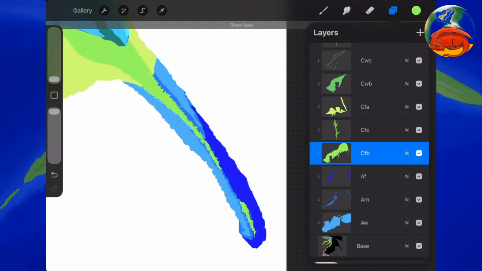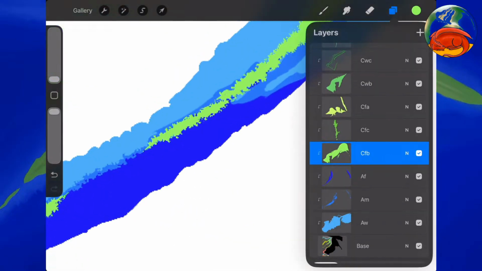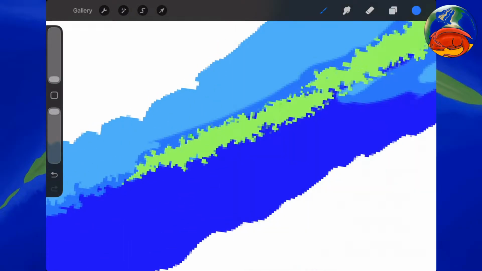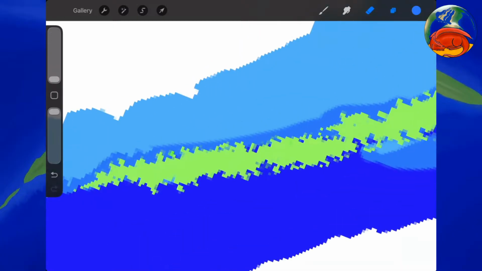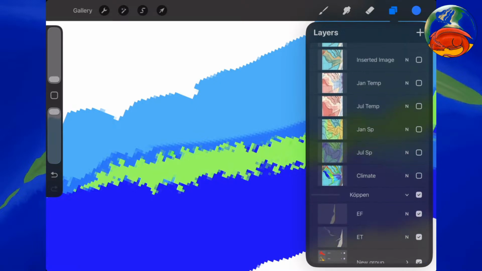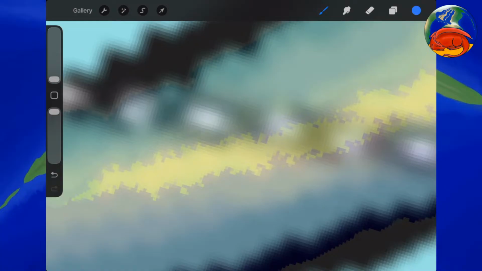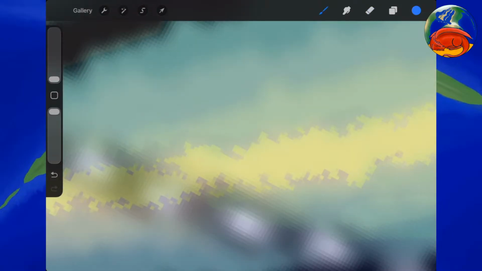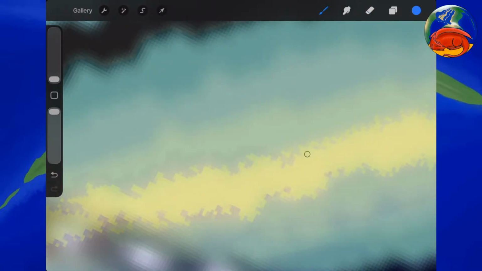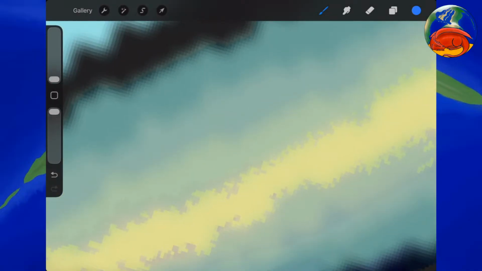All right, so now we're going to drop down our AF and our AM. And then on our AM layer, we are going to chart this just along here as we go up, because it's going to get more precipitation up there.